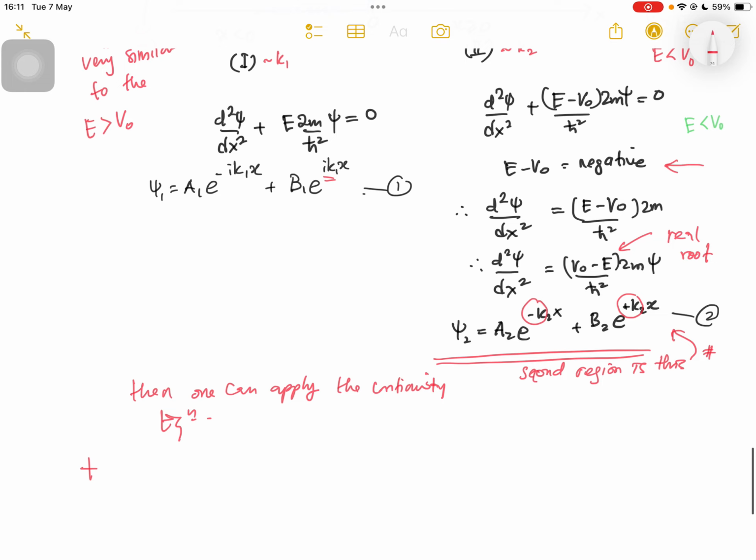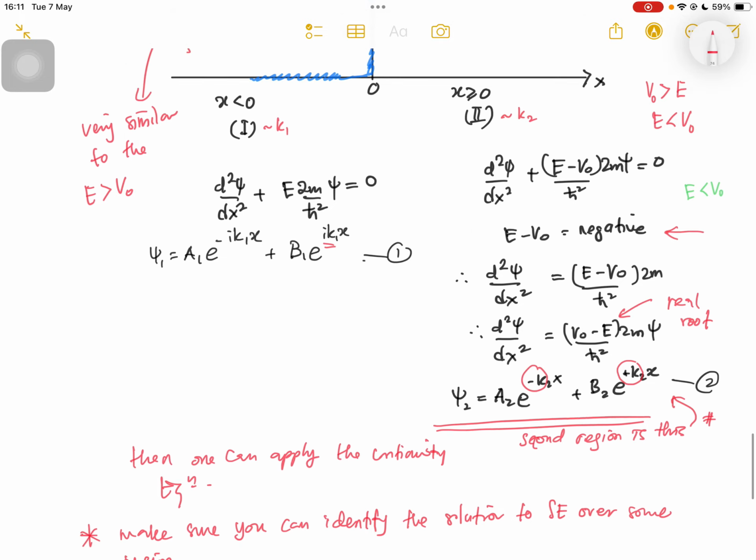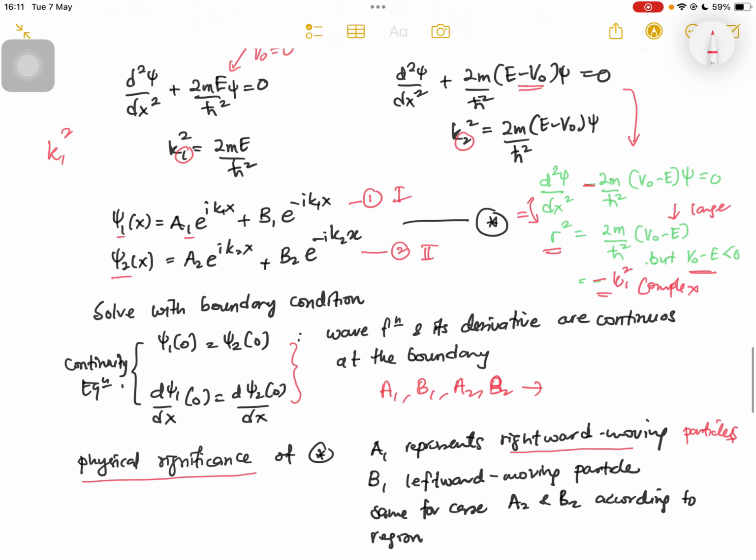So at this point, make sure you can identify the solution to the Schrodinger equation over some region. Later on, please submit. There's one example that I will put up next. The highlight would be, look at this one.